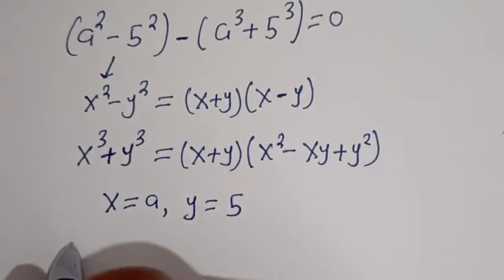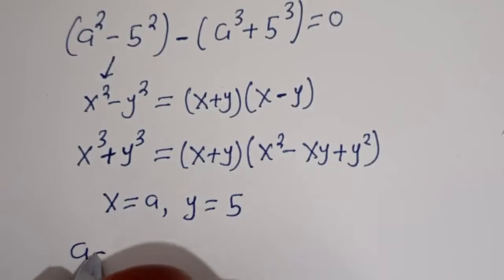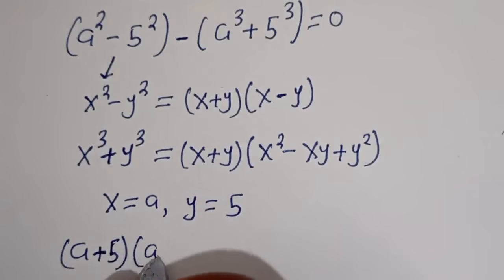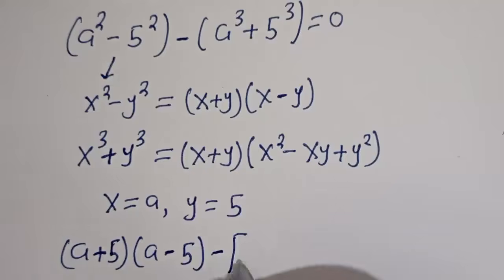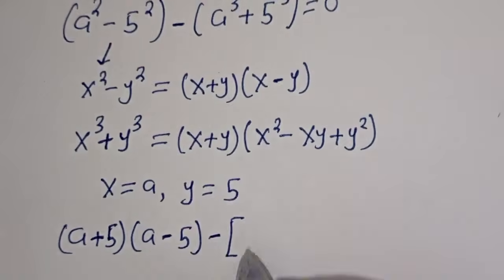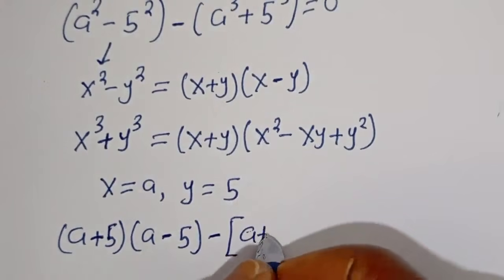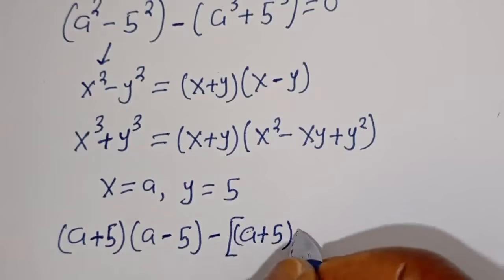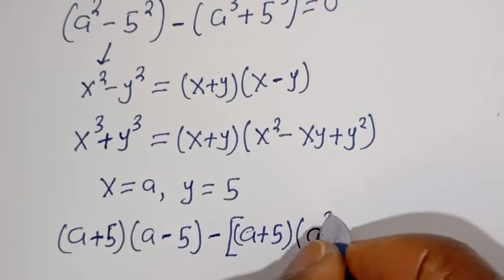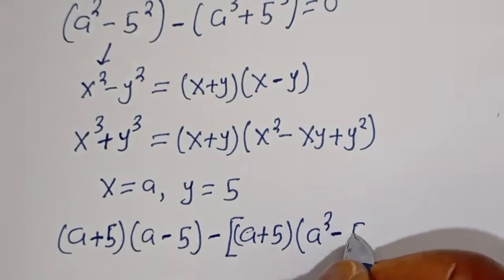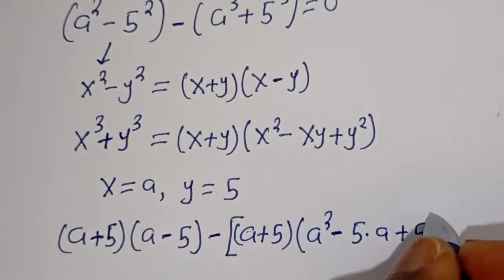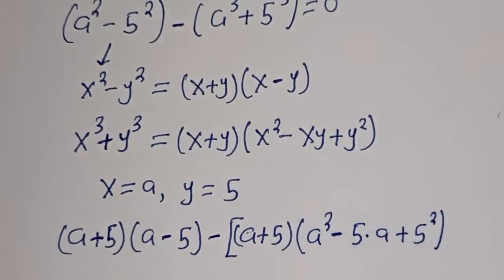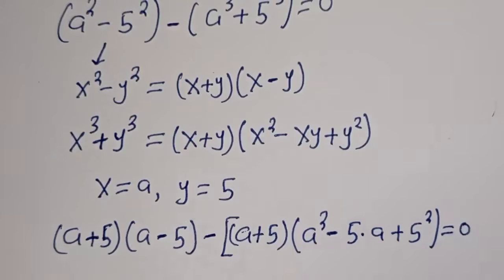This can be written as a plus 5 bracket a minus 5, minus here we have a plus 5 bracket a squared minus 5 multiplied by a plus 5 squared, is equal to 0.